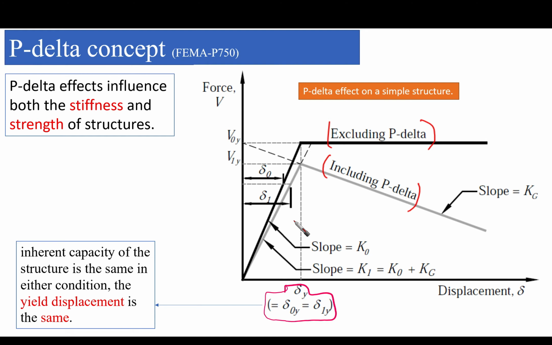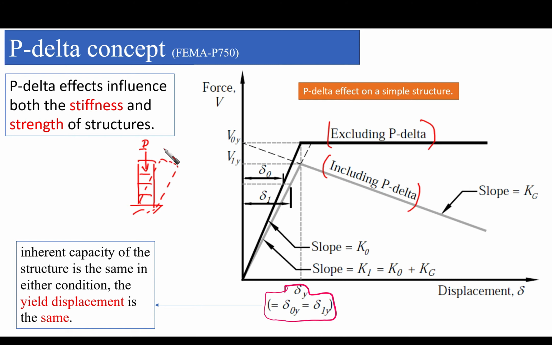Whenever we have a structure loaded vertically with gravity loads coming from the different stories, and under the earthquake there is shaking, this shaking would make our structure lean aside like this.